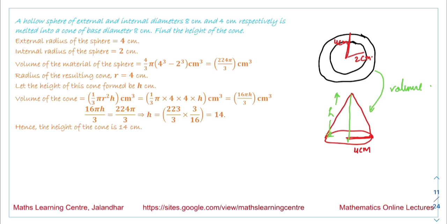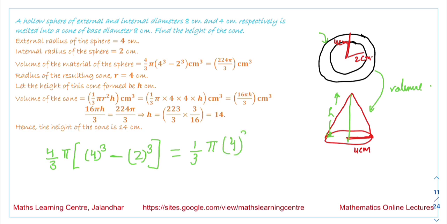So the volume of the sphere will be 4 by 3 pi r cube. We are talking about the volume of the external part of this sphere, that will be 4 by 3 pi r cube, and the internal part will be minus 2 cube, and this should be equal to the volume of the cone, that is 1 by 3 pi r square into h.